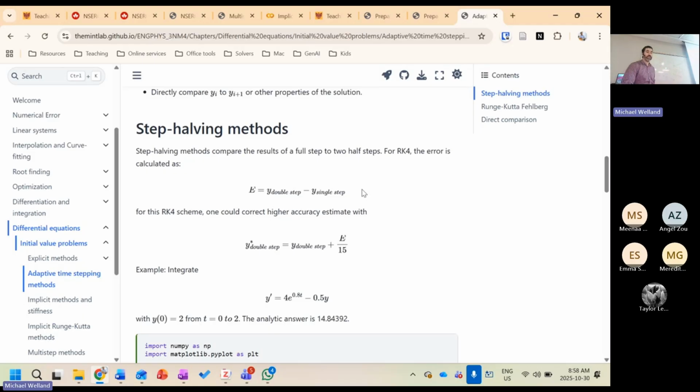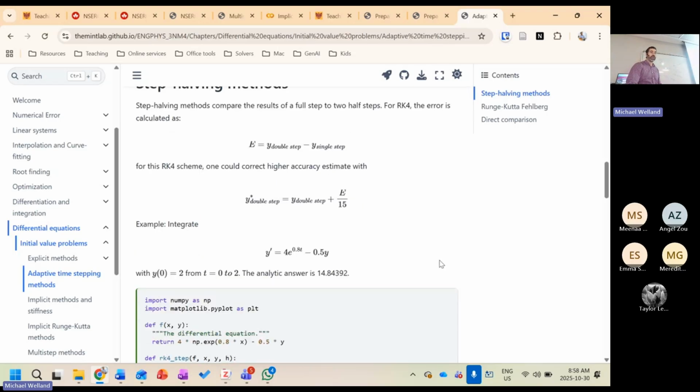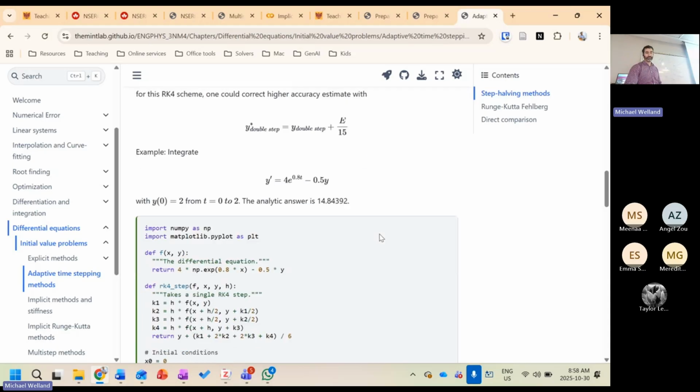We compare that, we get an error. Okay, this 16 comes out because of the expansion and the fractions, right? And we could get some kind of estimate for what the error would be. And if we really wanted to, we could correct one of them for the better one.